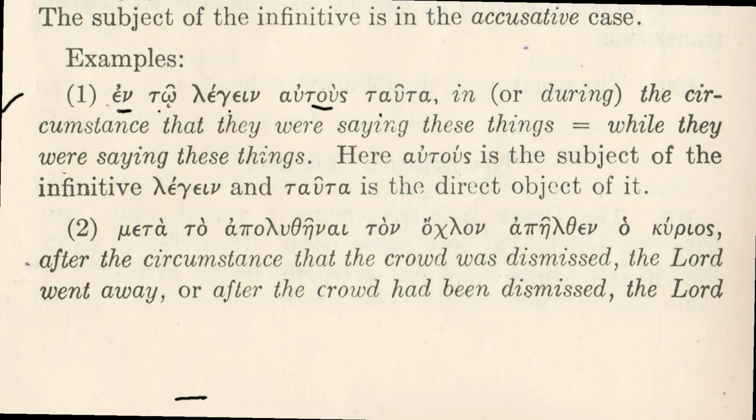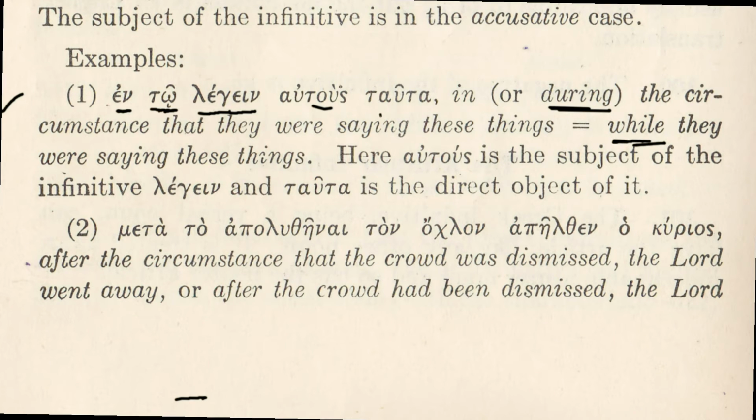So think about this article here, the to, in en to, as meaning something like in the act of. The infinitive is going to be to speak, or to say, I should say. So in the to say, and roughly in the act of saying, or while saying. You see, that's the way we would render that, while saying, or in the act of saying.